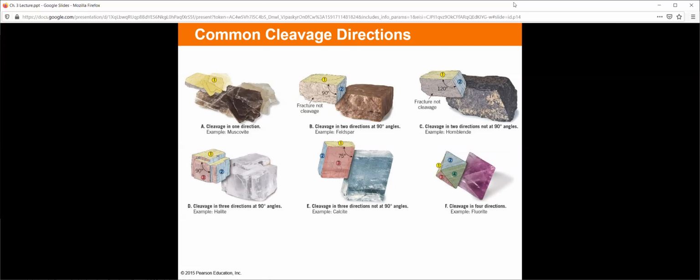This has to do with the way the atoms are formed within the individual minerals and allows us to define the rocks in certain ways. Because again, D and E look pretty similar, but the fact that D is more cubic and E is less cubic allows us to distinguish between them. B and C, again, feldspar and hornblende, can look very similar in the field.